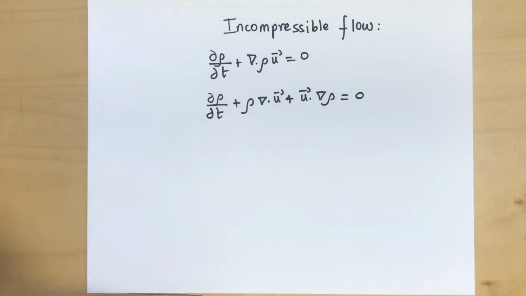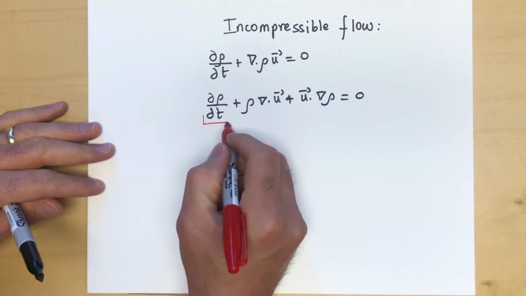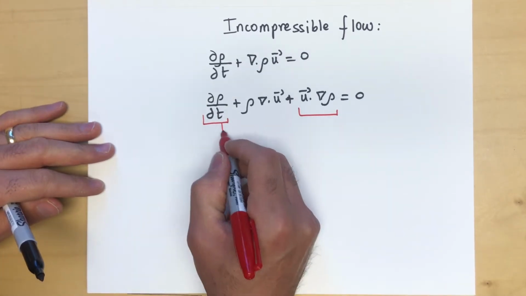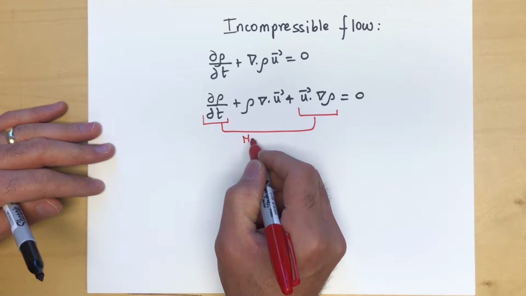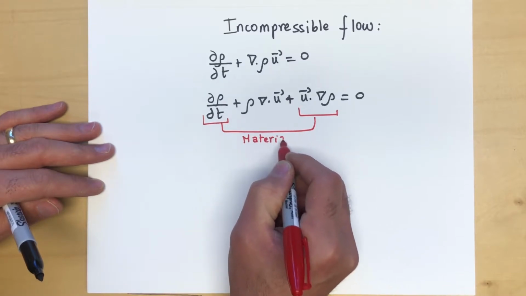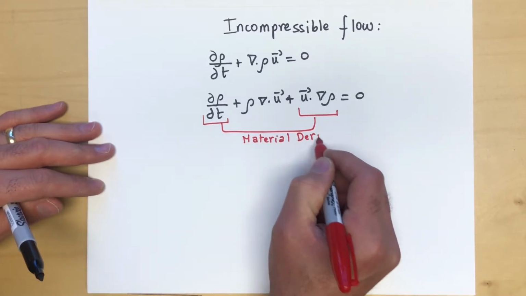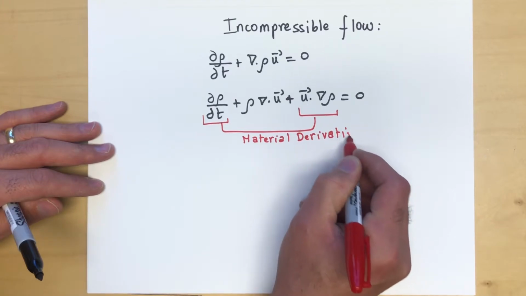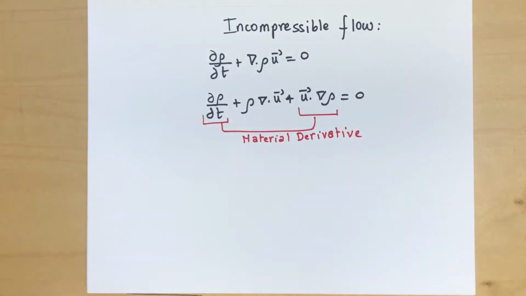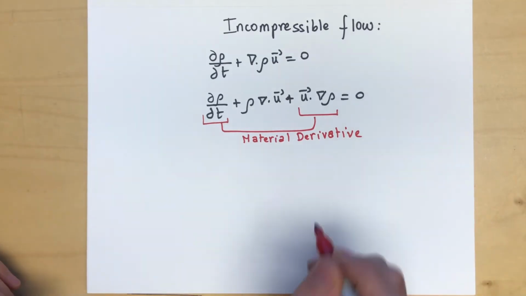Now recall that the combination, this guy, that guy, that's called the material derivative. And remember that it describes how a property changes for an infinitesimal material point.